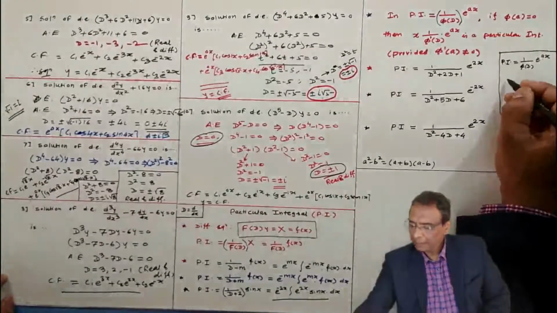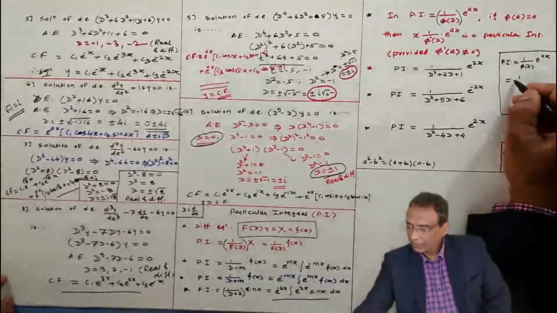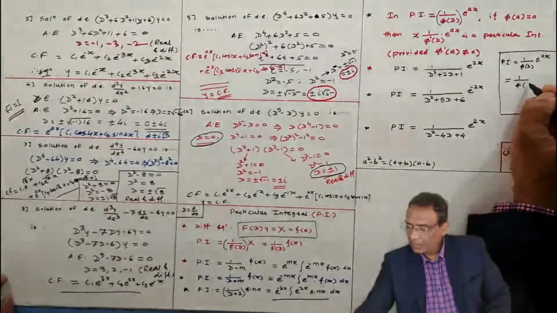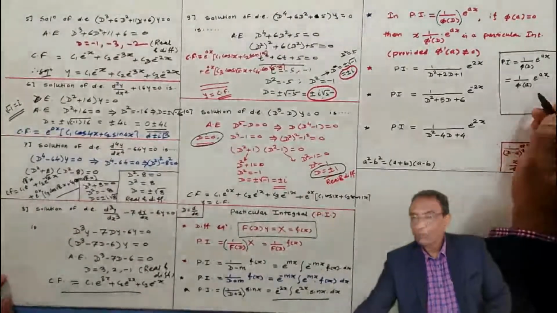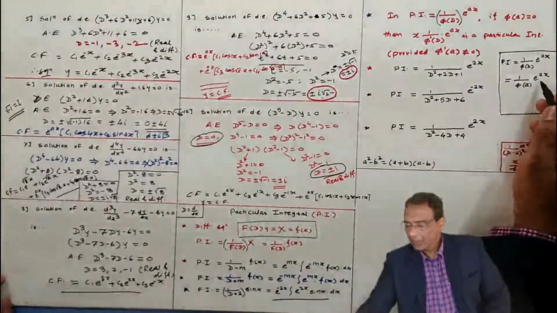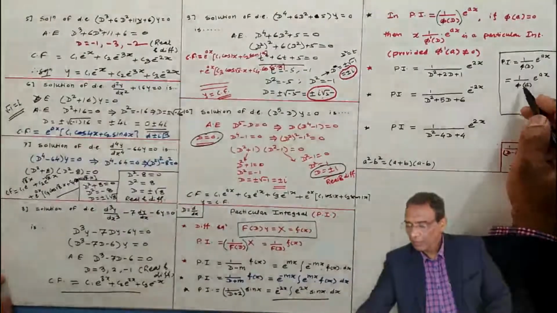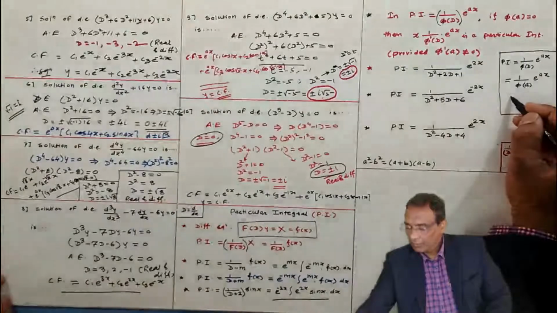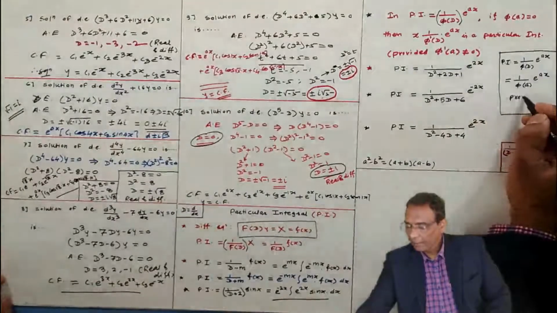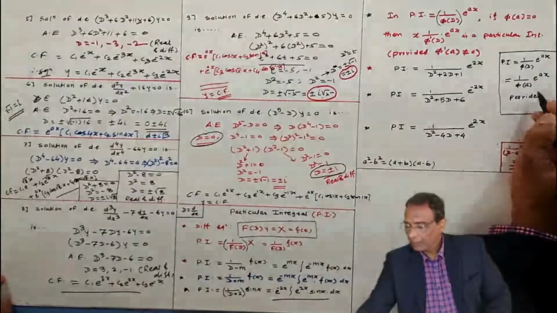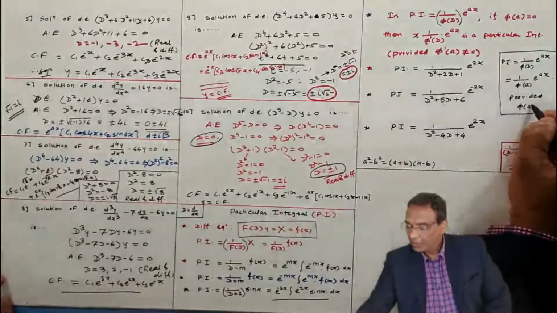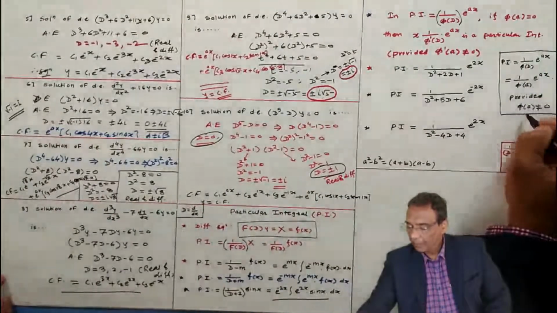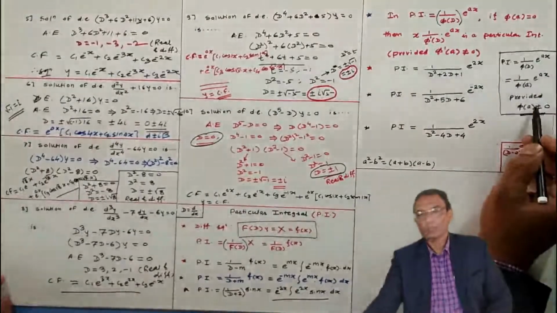Then replace D by a directly, when it is possible, provided that after replacing D by a, this phi of a should not be 0. Phi of a should not be 0.